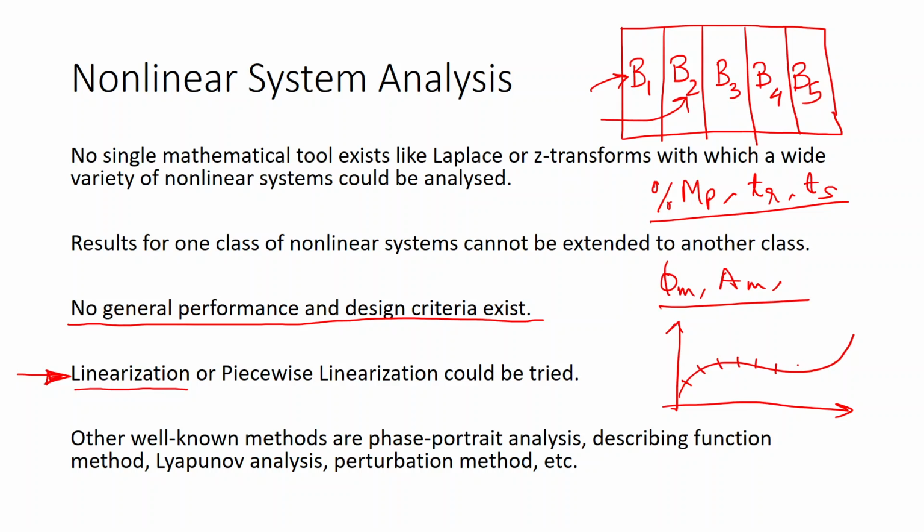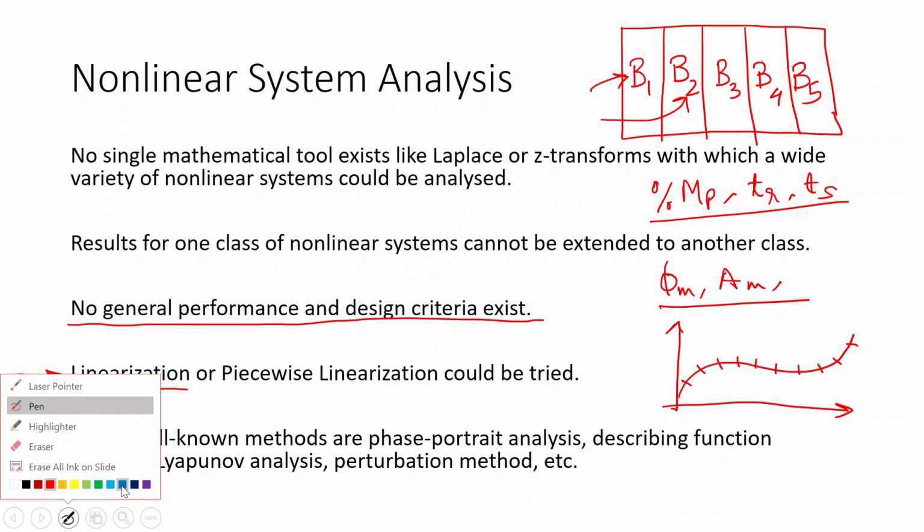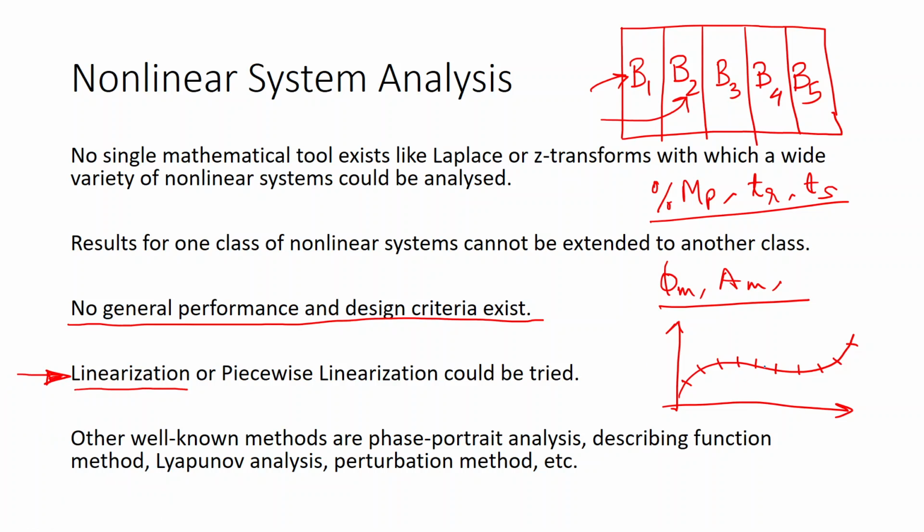So this is a very standard approach. We visualize it as pieces of linear function, and if we are interested in operation around a particular region, suppose this region, then we linearize the system about this region. Supposing this is the midpoint taken, and we linearize it.